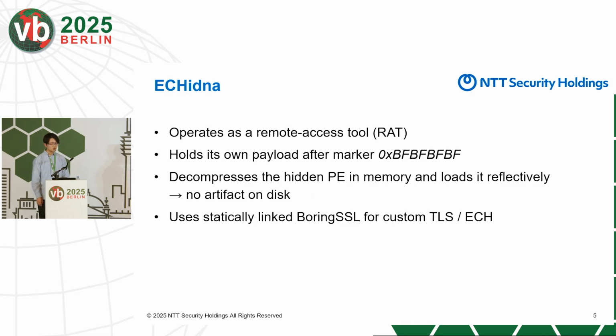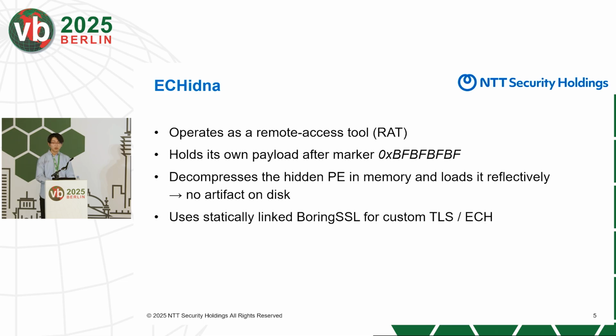After the loader finishes, we arrive at the real program, ECHidna. First, ECHidna is a simple remote access tool, a RAT. It supports 4 commands. We will show them on the next slide. The file carries its own payload. Inside the code, we see a marker, 8 hex digits, 4 times BF.